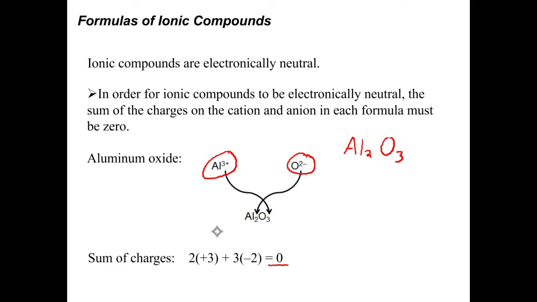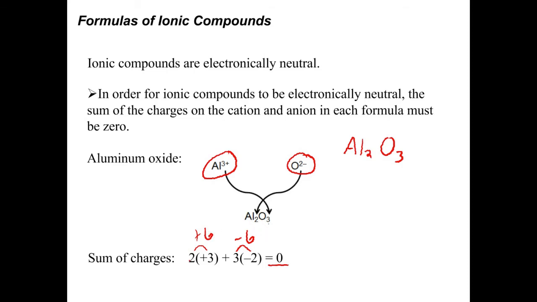If aluminum has a +3 charge, 2 times +3 is of course +6. Oxygen is 2-, and we have 3 oxygens; remember the subscript means there are 3 of them, so this is of course -6. So +6 and -6 give us 0.